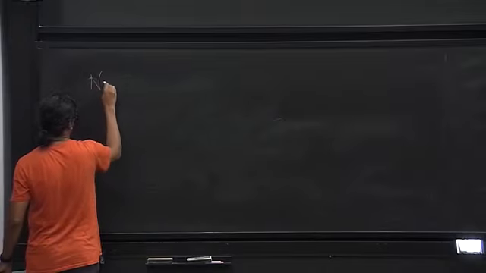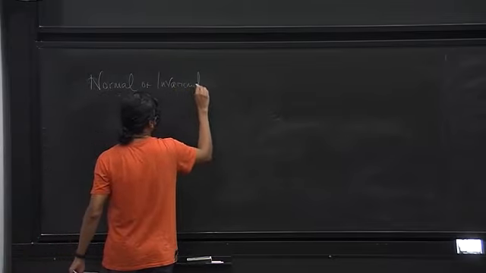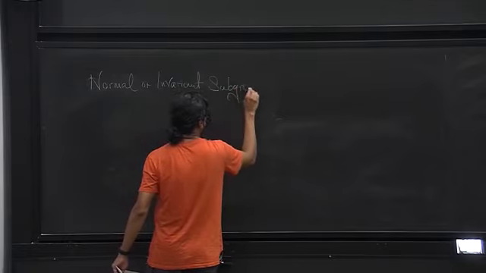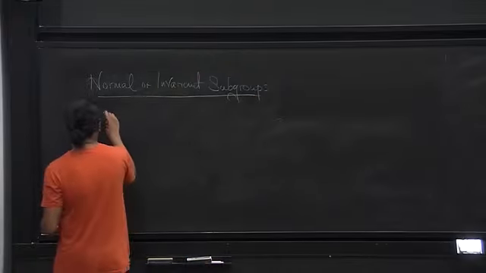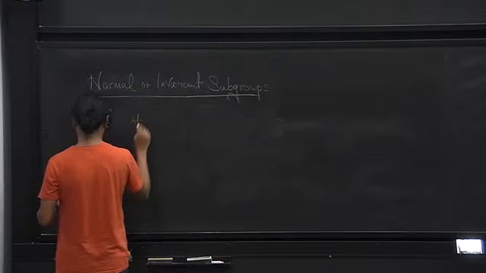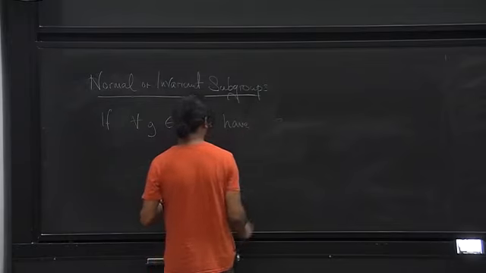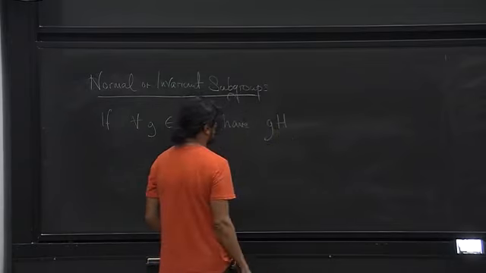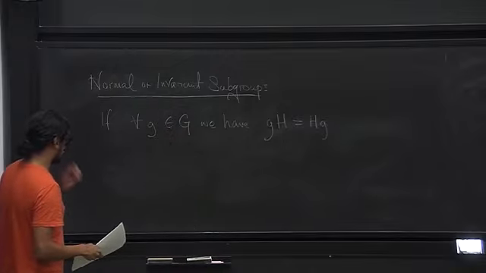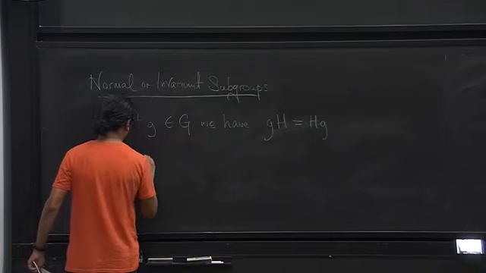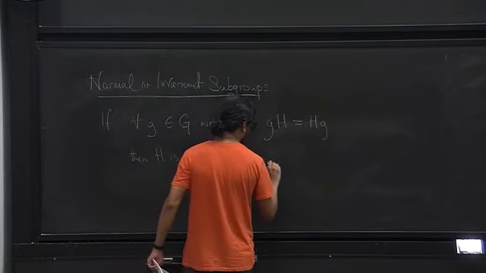Okay, so normal or invariant subgroups. So if, for all elements in a group, when we multiply the subgroup H by all these elements, it basically commutes with the subgroup, then we say H is a normal or invariant subgroup.